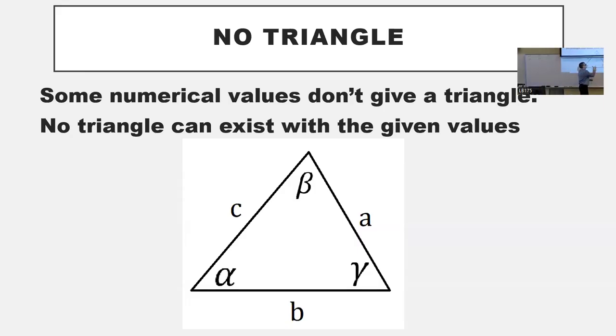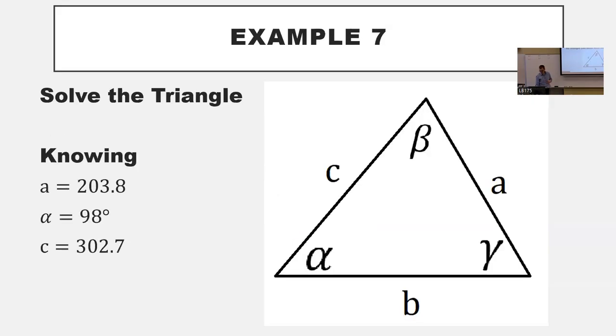If I give you two sides and an angle, or two angles and a side, there are certain values that just can't happen. It's actually two sides and an angle again.